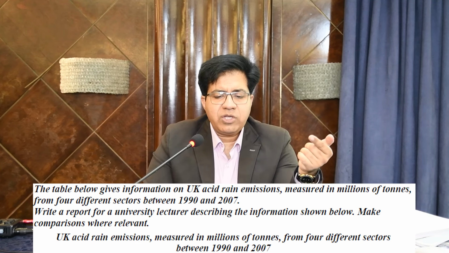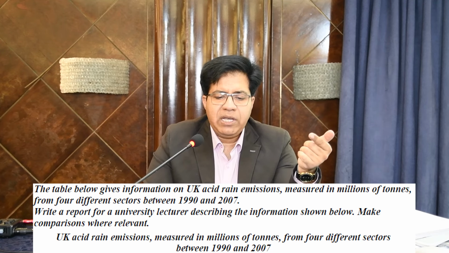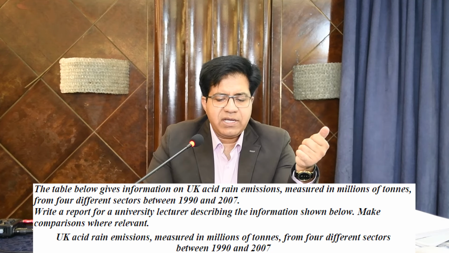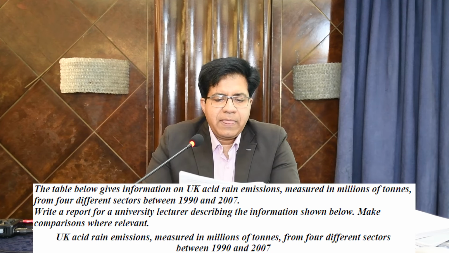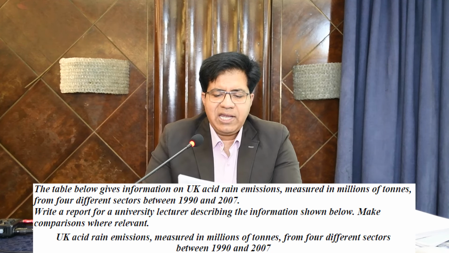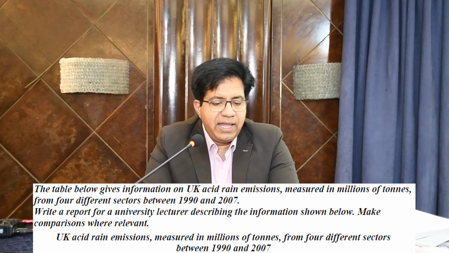Write a report for a university lecturer describing the information shown below. Make comparisons where relevant. Okay, now we've got this UK acid rain emissions measured in millions of tons from 4 different sectors between 1990 and 2007. And you can see they've given 1991, then 1993, 5, 7, 9 and all that.